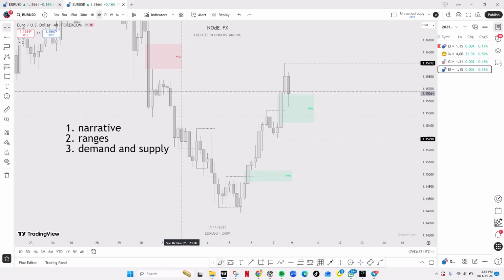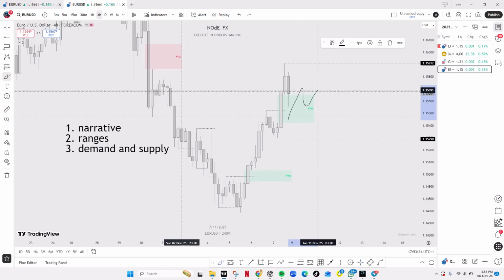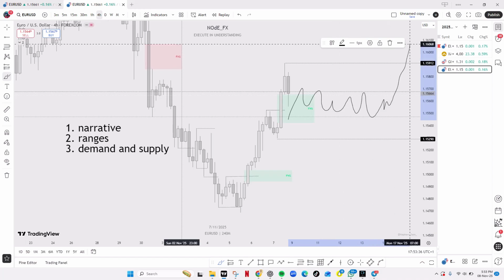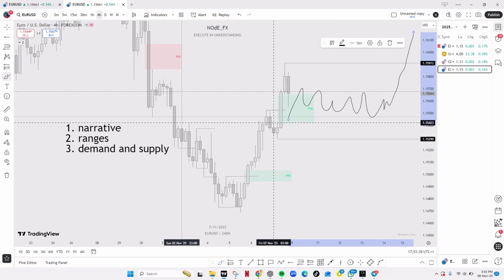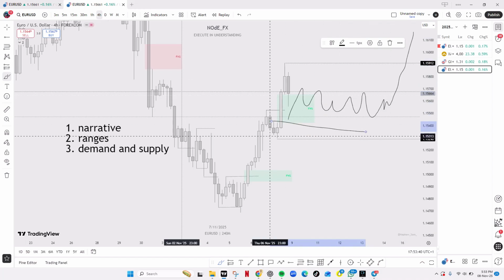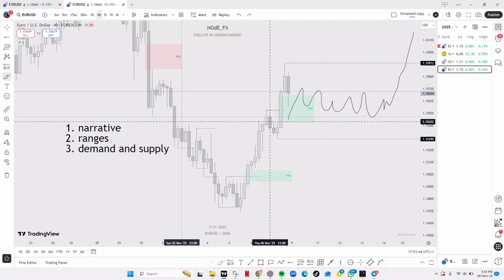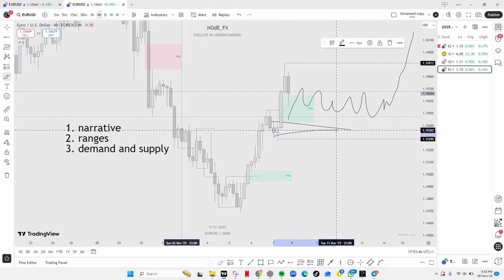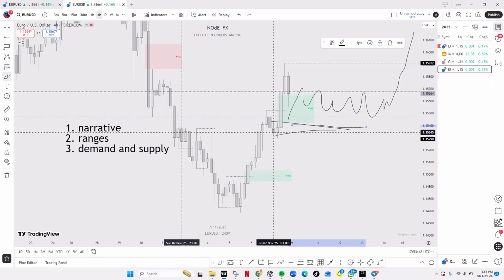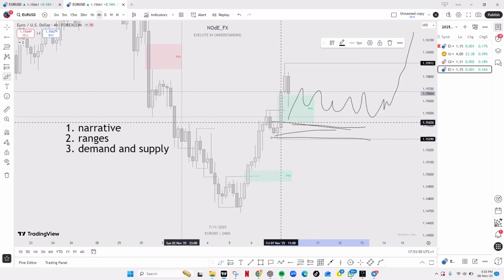No matter how long price consolidates inside, the range is still valid until price takes it out. And now this is our demand here. Sorry for the rough drawing, but this block is our demand. This is where price was last sold before the major impulsive buy. And that's majorly all.